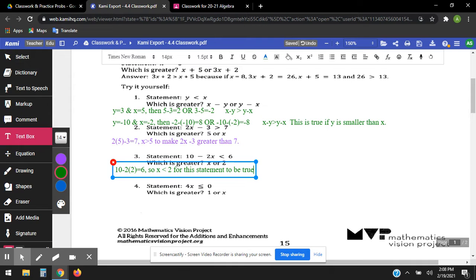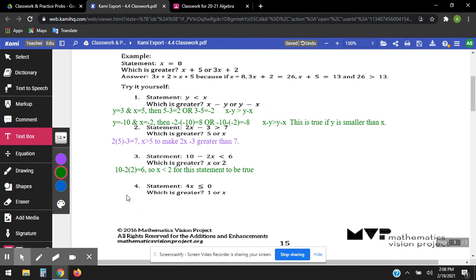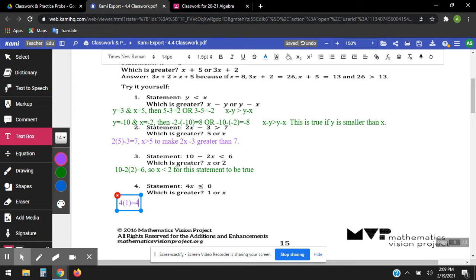Okay, next. 4x has to be less than or equal to 0. Which is greater, 1 or x? Well, if we do like we've been doing, 4 times 1 equals 4, which doesn't make this true.